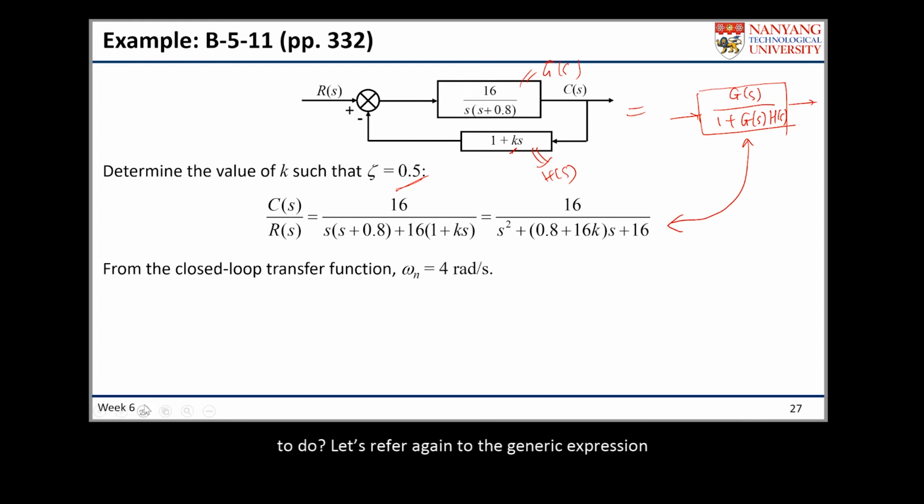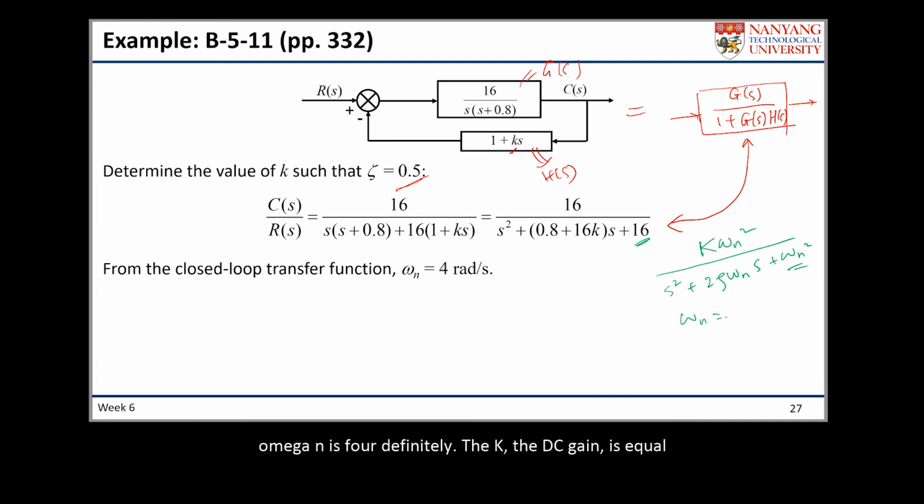Let's refer again to the generic expression of a second order system. If you still remember, the generic expression of a second order transfer function is like this: K omega n squared over s squared plus 2 zeta omega n s plus omega n squared. So in our non-unity feedback system now, the omega n squared is 16, so our omega n is 4, definitely.